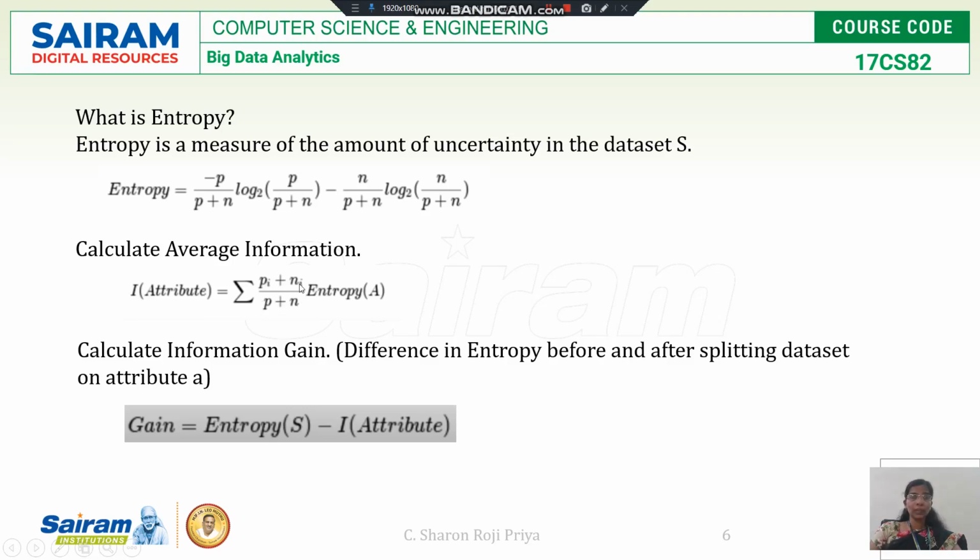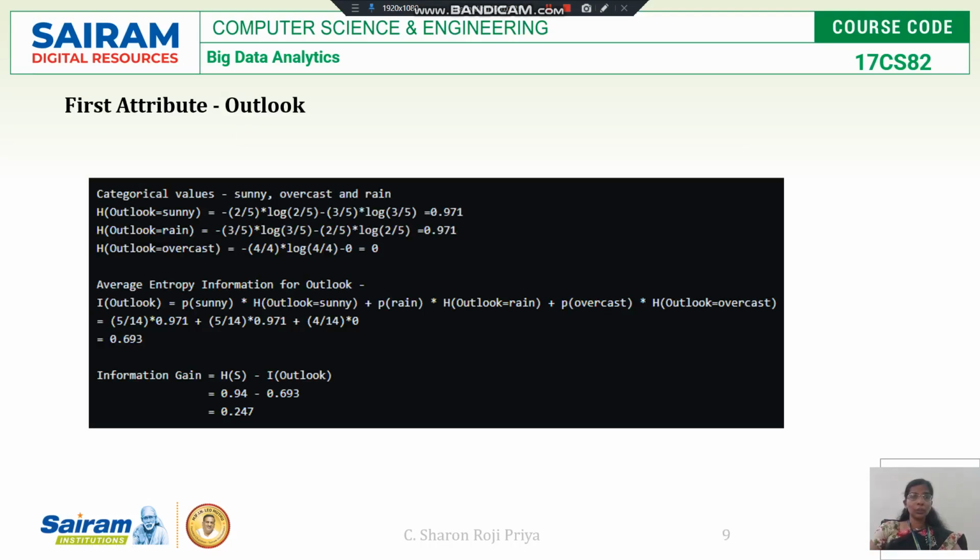This pi plus ni is the positive and negative samples of the first categorical value, right? Say first categorical value is Sunny. Sunny has how many positive and negative? 2 positive and 3 negative. So totally it is 5.